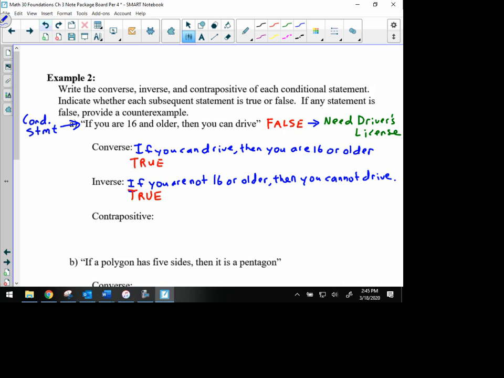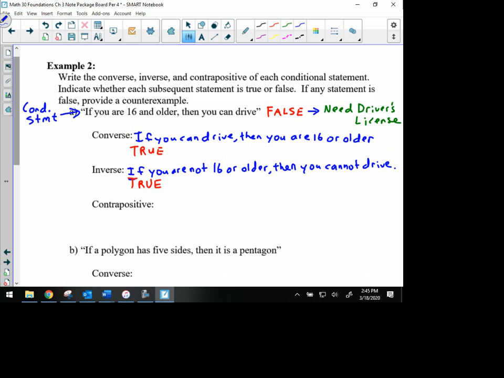The contrapositive, so let's write that. And again, you can get to it, so to speak, if you start with the conditional statement and you go to the converse and then to the contrapositive by just negating and putting a not in the converse. So you're taking the converse and you're negating both the hypothesis and the conclusion.